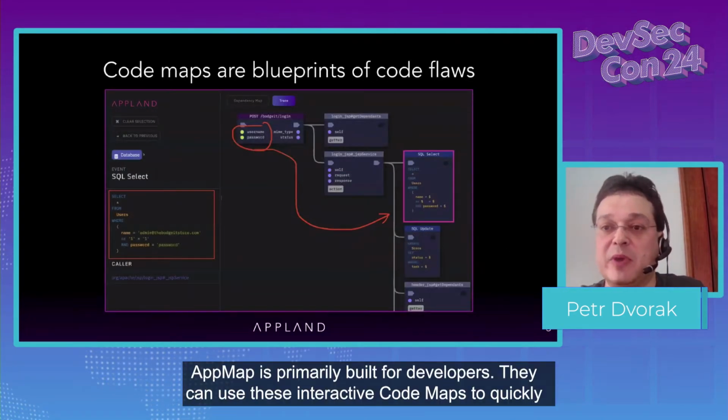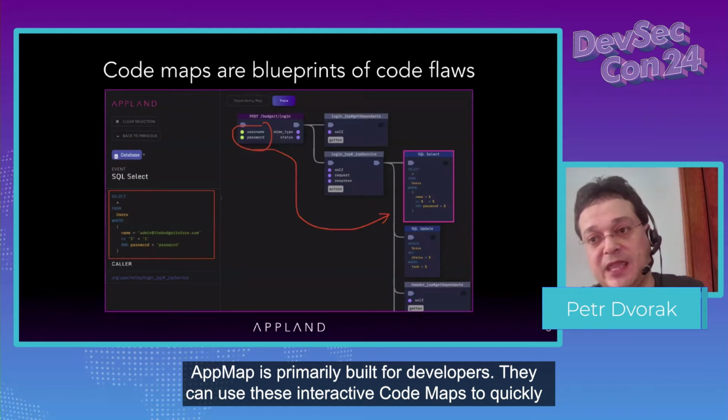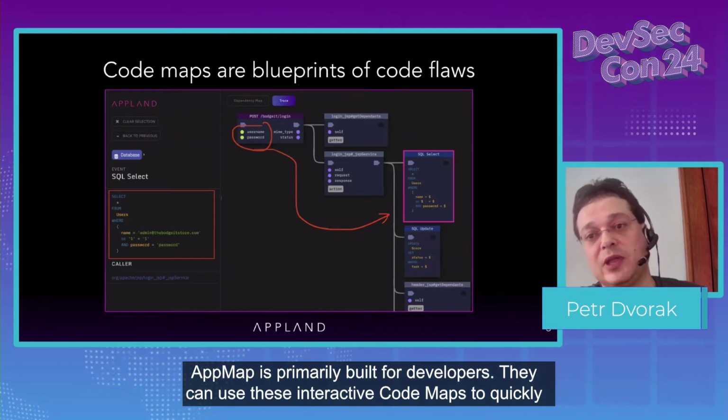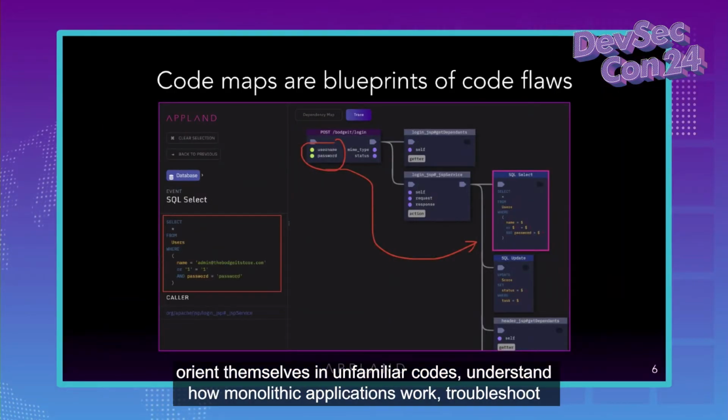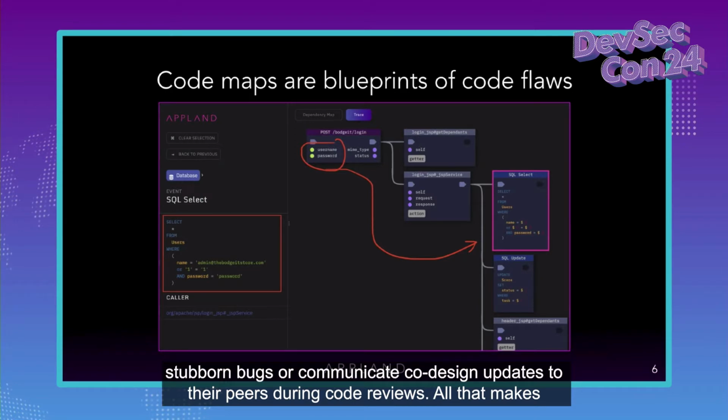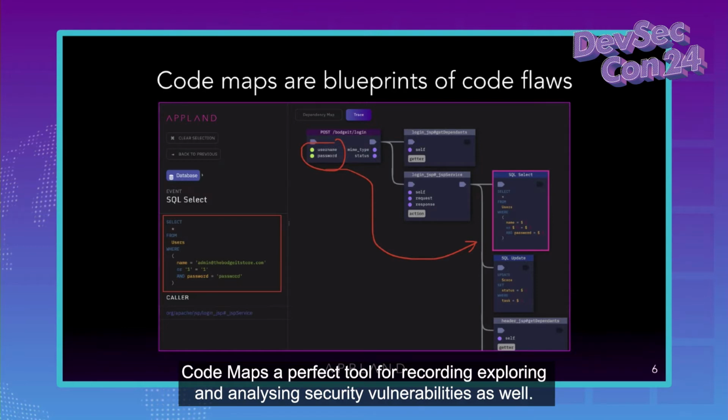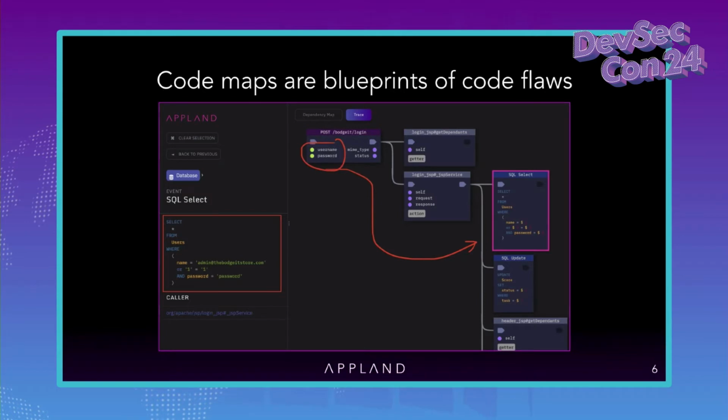AppMap is primarily built for developers. They can use these interactive code maps to quickly orient themselves in unfamiliar code, understand how monolithic applications work, troubleshoot stubborn bugs, or communicate code design updates to their peers during code reviews. All that makes code maps a perfect tool for recording, exploring, and analyzing security vulnerabilities as well.